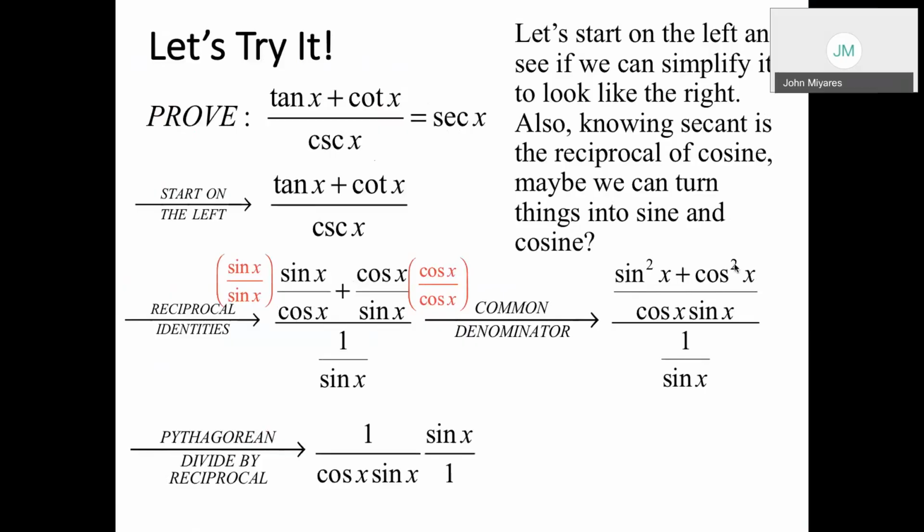From here, let's cancel out this sine of x in the top with this sine of x in the bottom, and we're going to be left with 1 over the cosine of x, which, if we then apply the reciprocal identity, gets us to the secant of x, which is what we were looking for as our final answer.